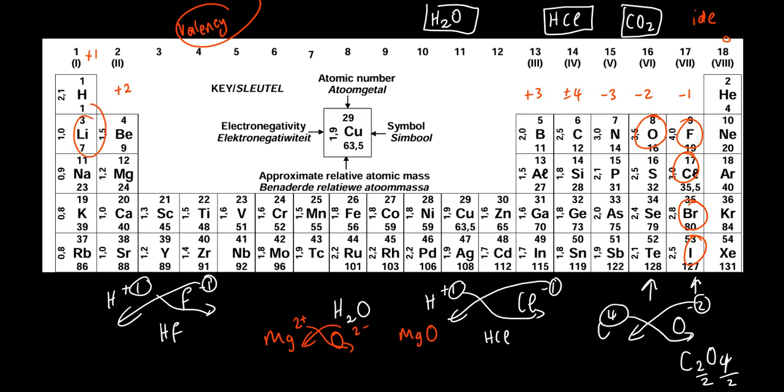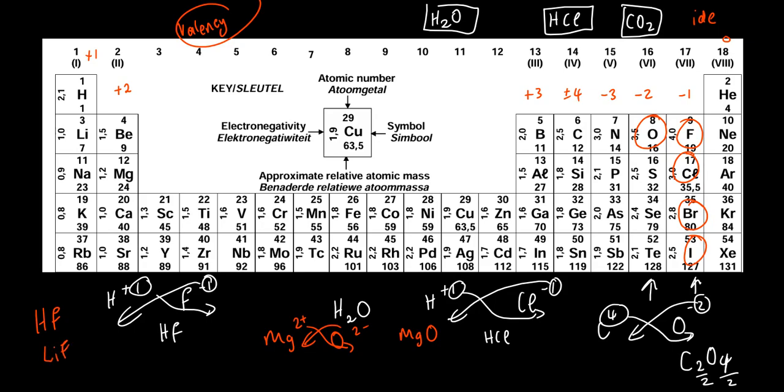If lithium combines with oxygen, we call it lithium oxide. If potassium combines with oxygen, you call it potassium oxide. You understand? And then what about fluorine? Anything that will combine with fluorine will be called fluoride. For example, HF is called hydrogen fluoride.